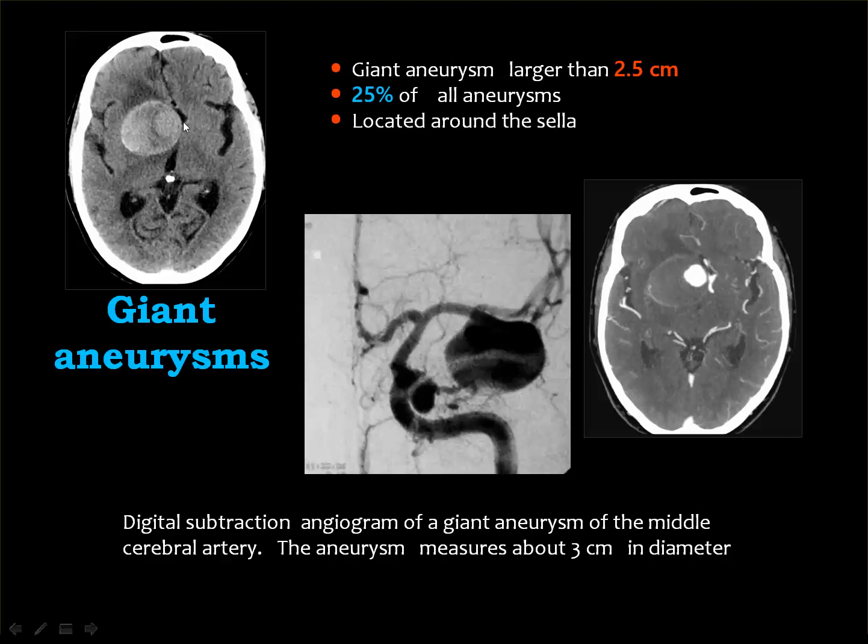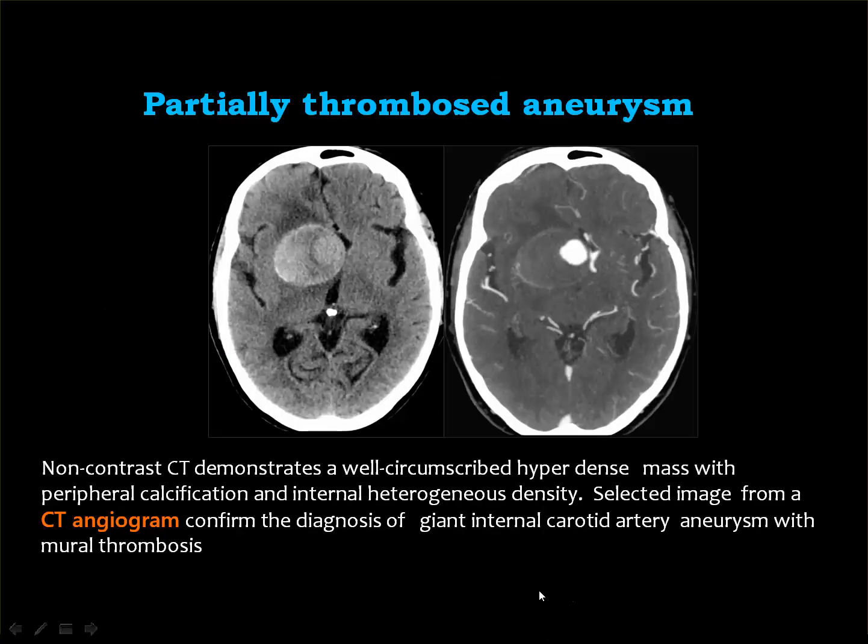This is the pre-contrast CT scan showing hyperdensity in the aneurysm, and the CT angiography showed the patent lumen enhances with contrast material, and the thrombosed lumen does not enhance with the contrast material. Then you should identify in your report or in the exam whether the aneurysm is partially thrombosed or not.